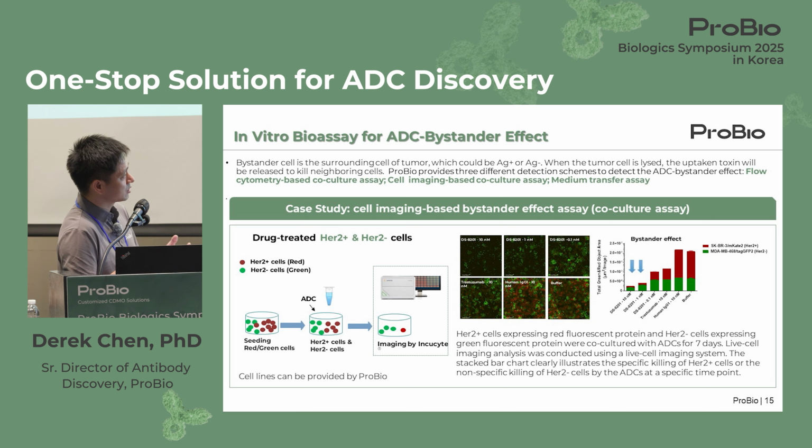The decreasing signal of these fluorescence is correlated with cell death. If you see the signal reduce with the green fluorescence, that means the ADC has a significant bystander effect, which can kill the HER2 negative cells after entering the HER2 positive cells and being released from the HER2 positive cells.